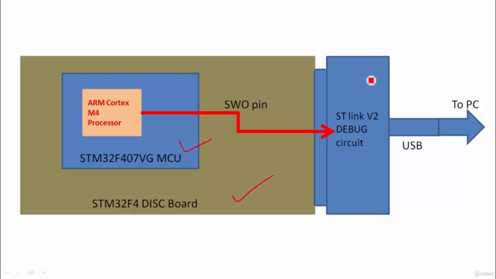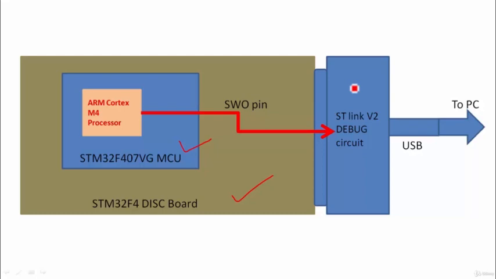Now our board also has one more circuitry at the front end of the board, which we call the ST-Link V2 or V1 debug circuitry. That is the ST-Link onboard debug circuitry. By using that debug circuitry, your PC communicates with the board.